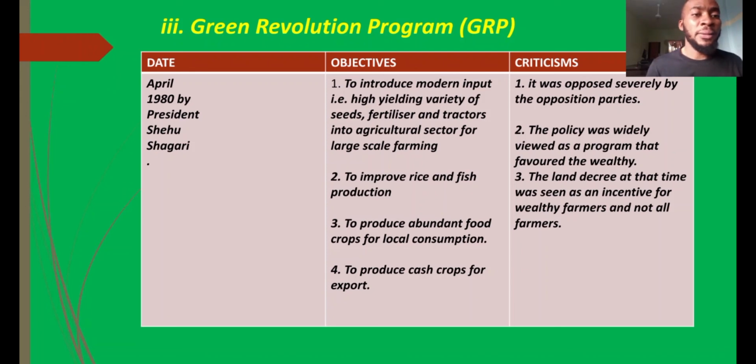We also have number three, the land decree at that time was seen as an incentive for wealthy farmers and not all farmers. So it was like something for the rich and not for the poor farmers.